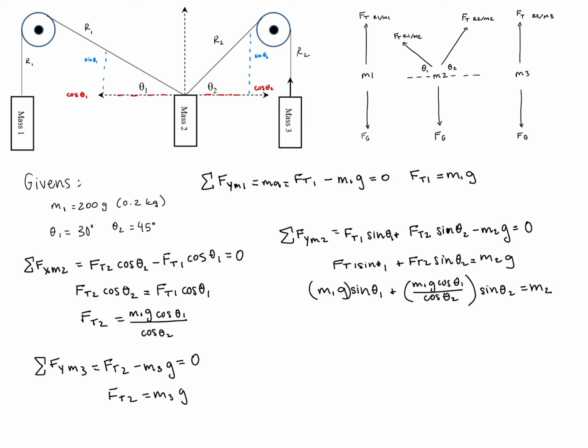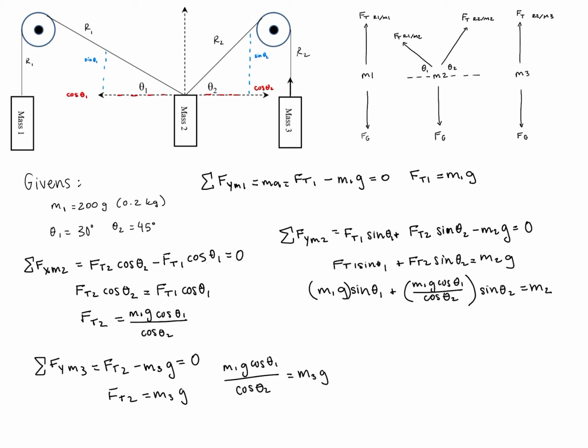Now we could put m1g cosine theta 1 over cosine theta 2 is equal to m3g.